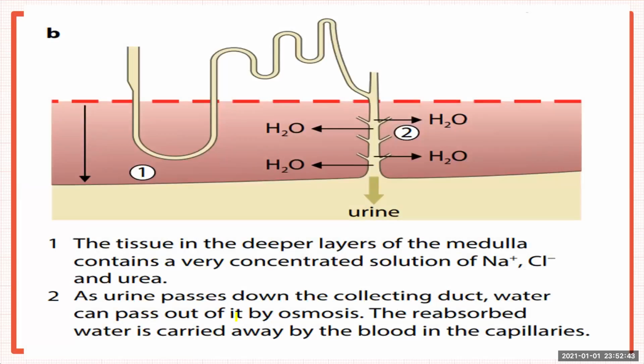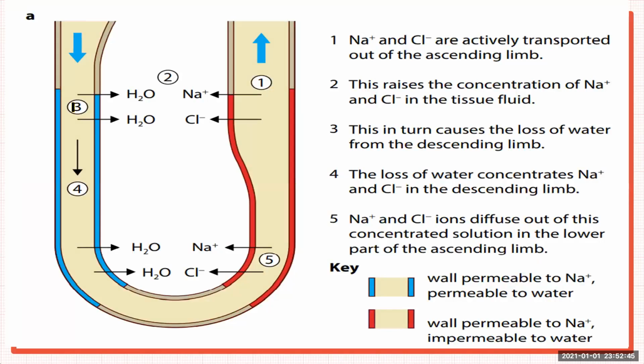So here, see the whole process. This area becomes hypertonic, this area becomes hypotonic, right? And because of an increased concentration of sodium chloride here, water will diffuse out of the descending limb of the loop of Henle into the interstitial fluid, and then it can be reabsorbed.